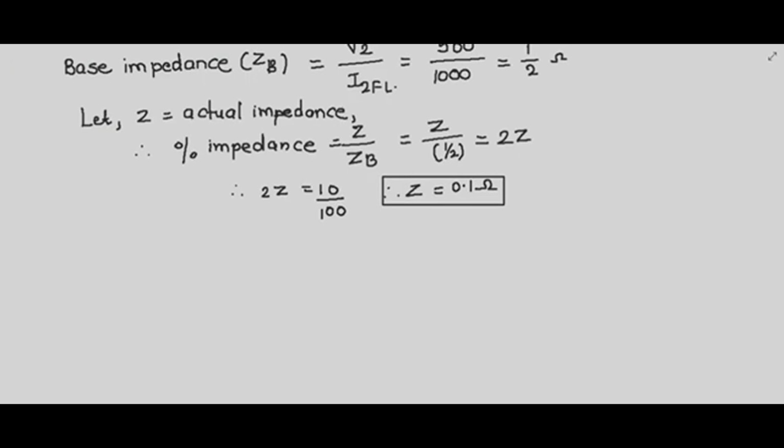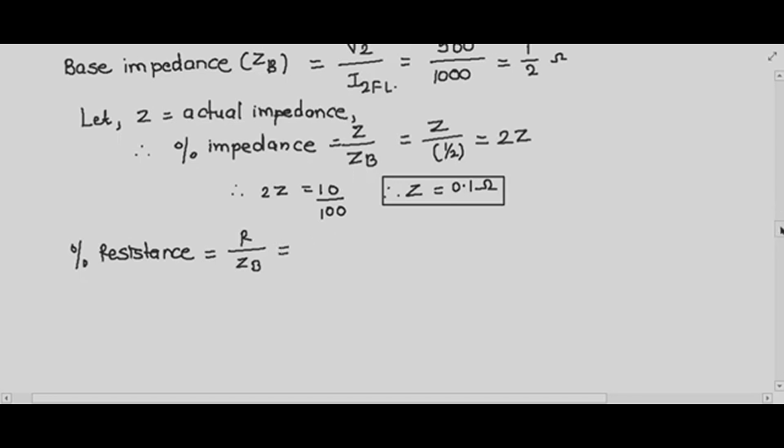Similarly, I can find out the percent resistance. How to find out the percent resistance? Percent resistance is equal to R divided by base impedance. So percentage resistance equals the ratio of R to the base impedance. What is R?